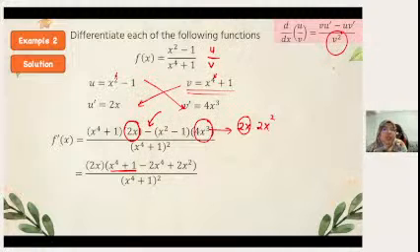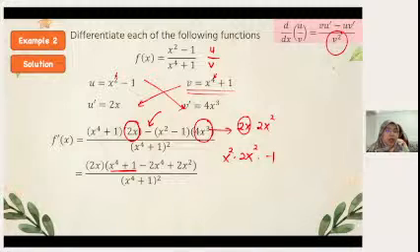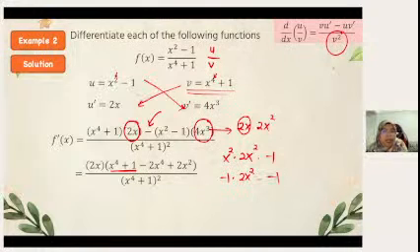So x squared multiply with 2x squared and then multiply with negative 1. So that is how you get negative 2x to the power of 4. And then the next one, you are going to have negative 1 multiply with 2x squared multiply with negative 1.